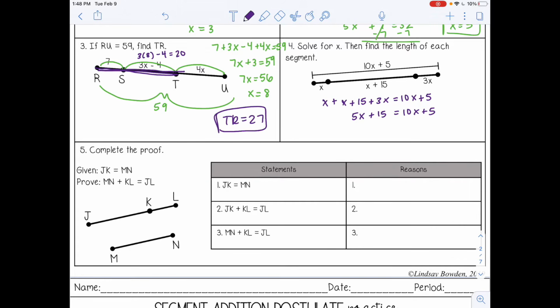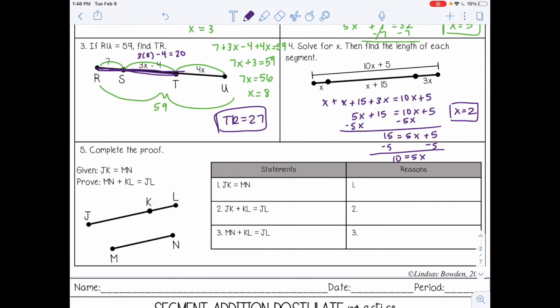So I'm going to subtract 5x from both sides. And then subtract 5 from both sides. So 10 equals 5x. Divide both sides by 5, so x equals 2.